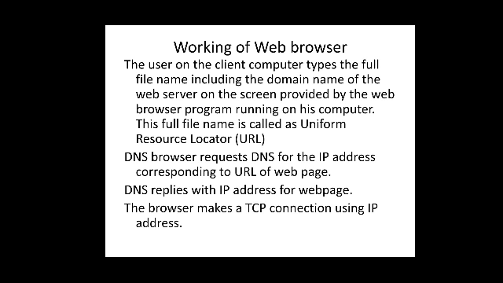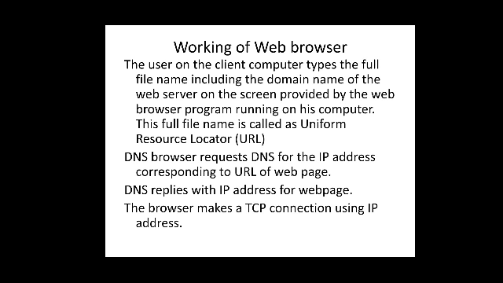If it knows the IP address of the specific web page, it will reply back to the web browser with the IP address of the server. If it does not know the IP address, it will try to ask the other DNS servers.